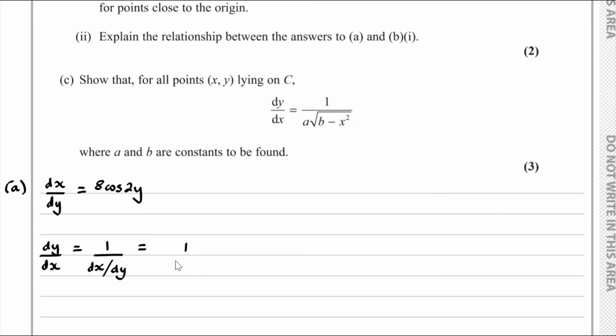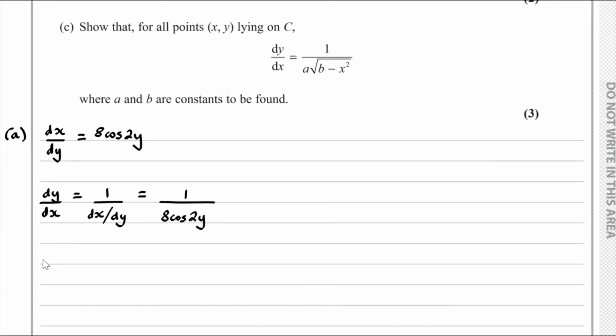So we have 1 over 8 times the cosine of 2y. And we're finding the value of dy over dx at the origin. The origin is when x is equal to 0 and y is equal to 0. So at this point, dy over dx will equal 1 over 8 times the cosine of 0. So we have 1 over 8.